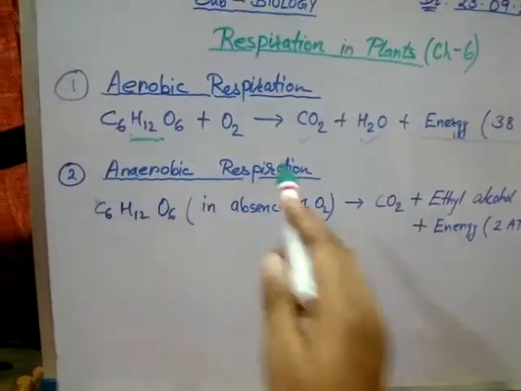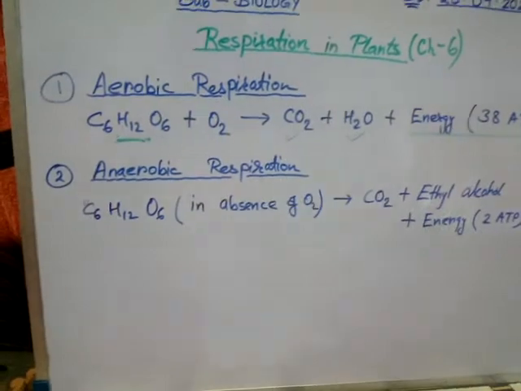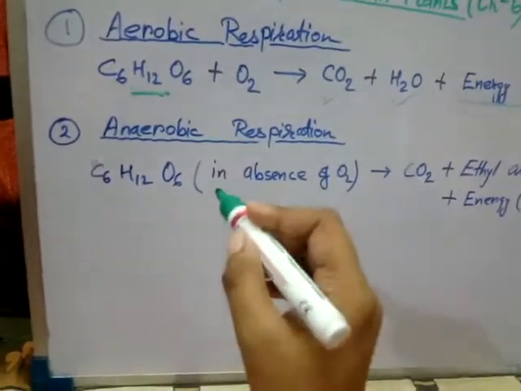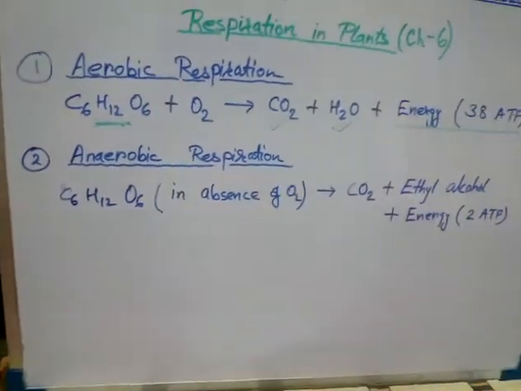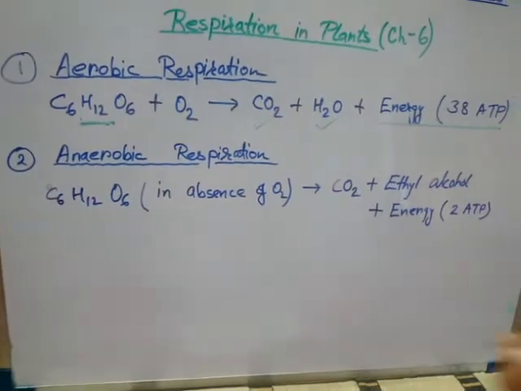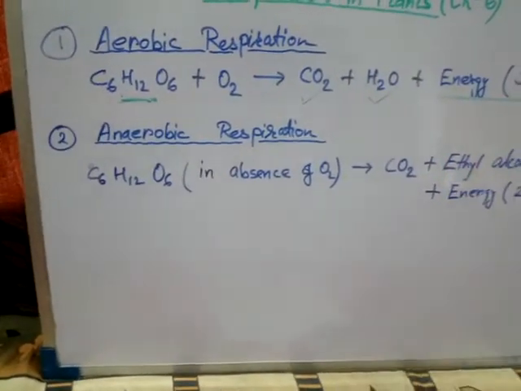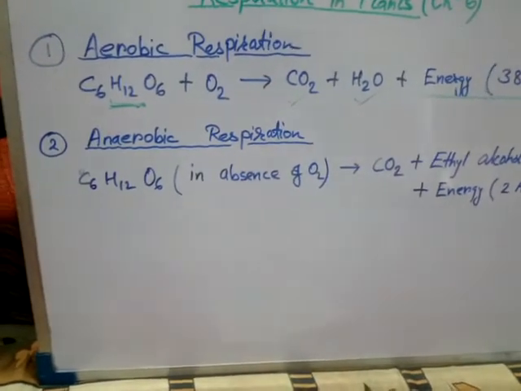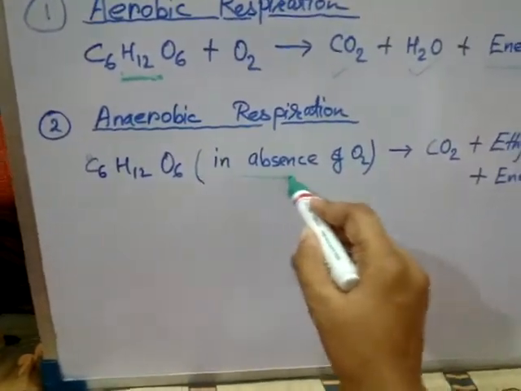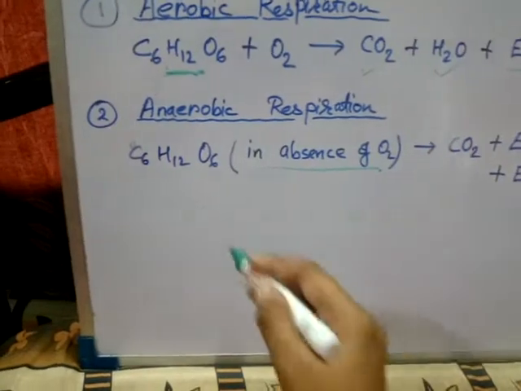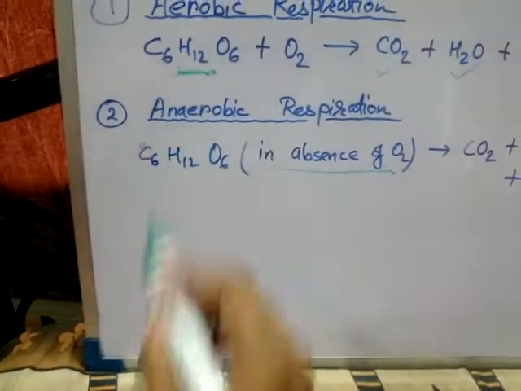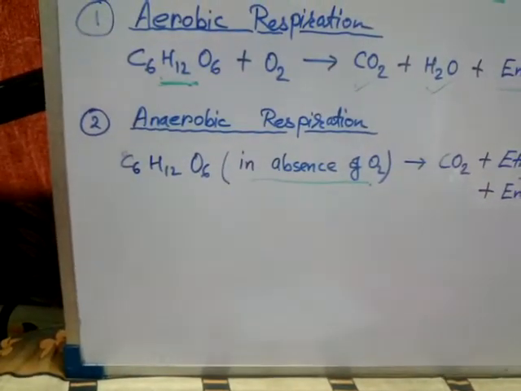Another is anaerobic respiration. What is it? This usually happens in some lower organisms, some kinds of bacteria. This process of anaerobic respiration is carried out in the absence of oxygen. Here, complete oxidation of glucose does not happen.